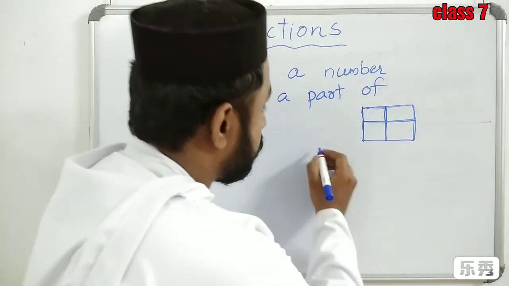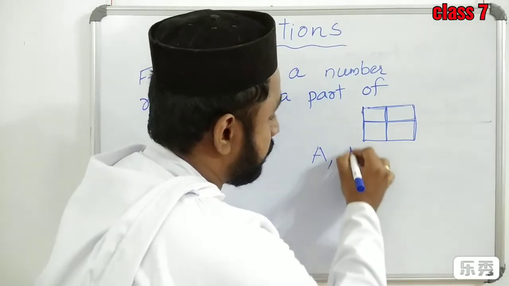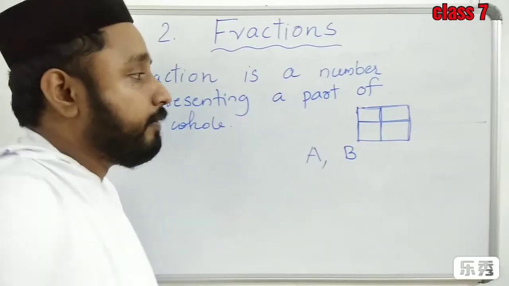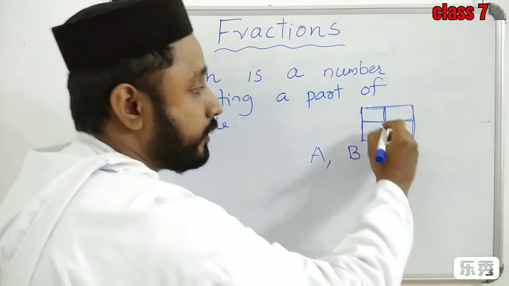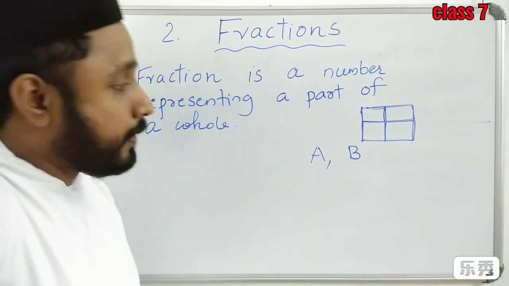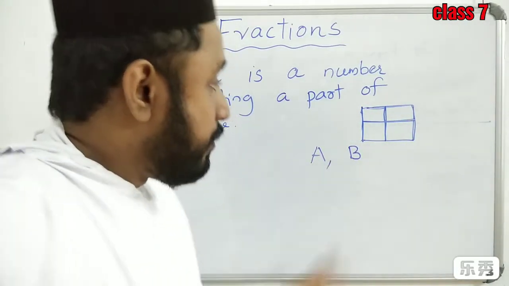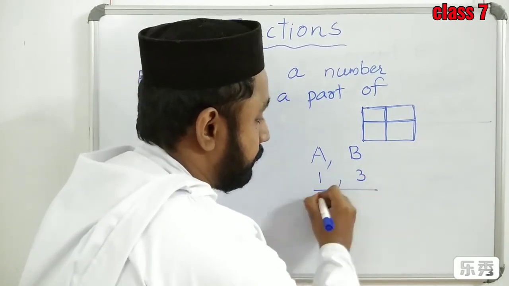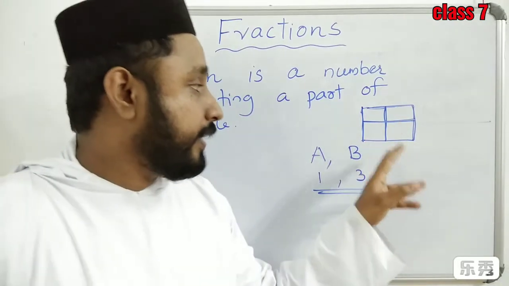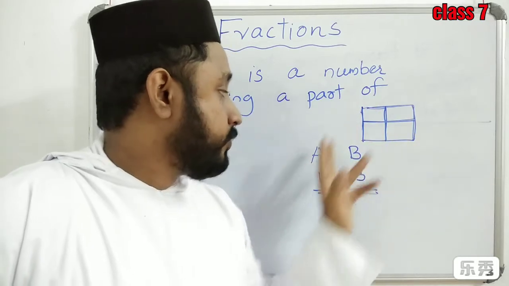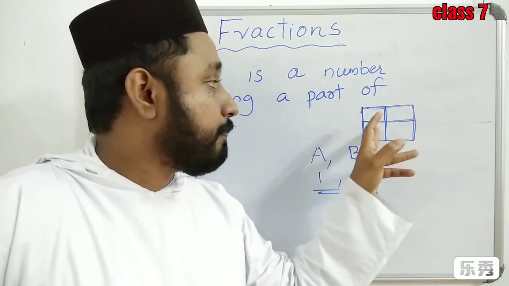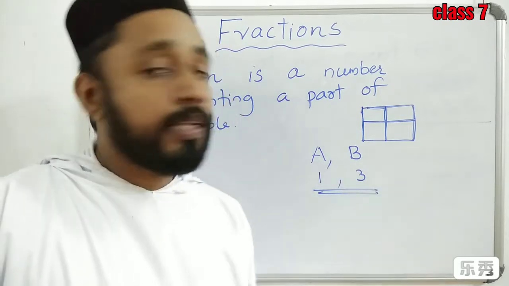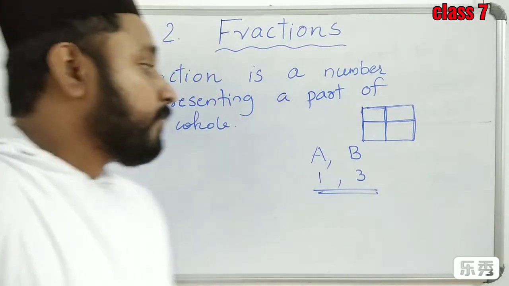There are two persons, A and B. We cut the cake into 4 equal parts and give 1 part to A and the rest to B. So A got 1 piece and B got 3 pieces.